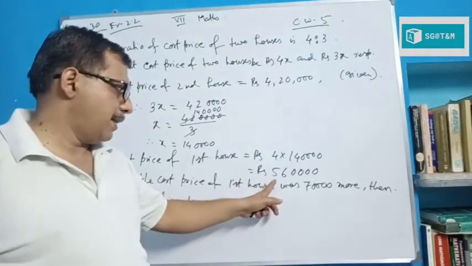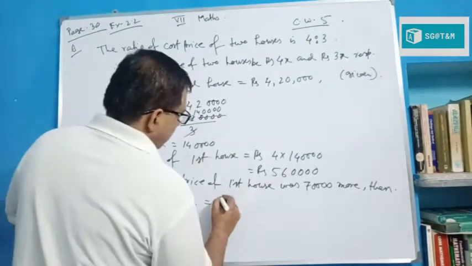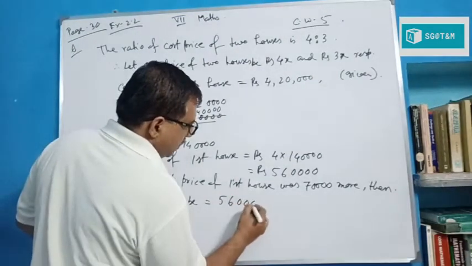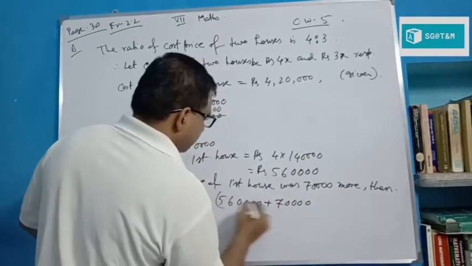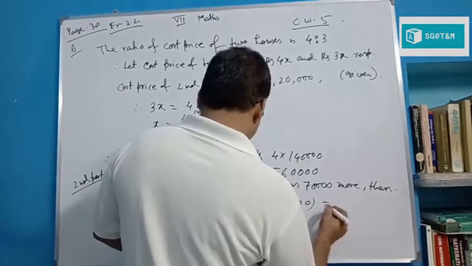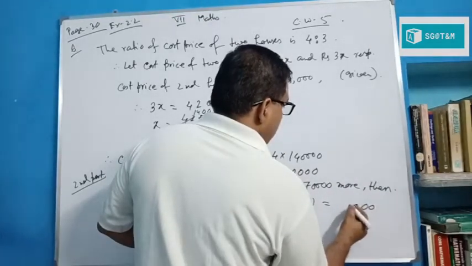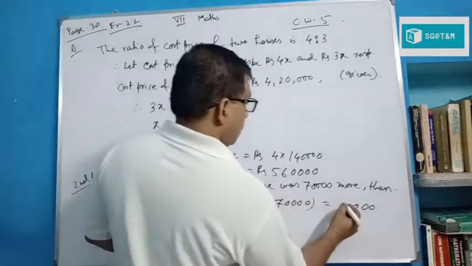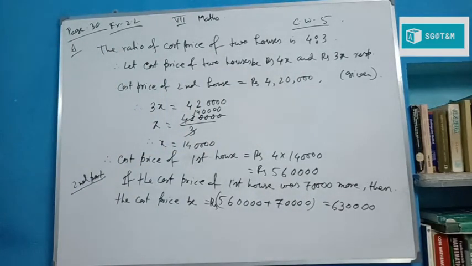This is the cost price, 5,60,000 plus 70,000. That is equal to 6,30,000.